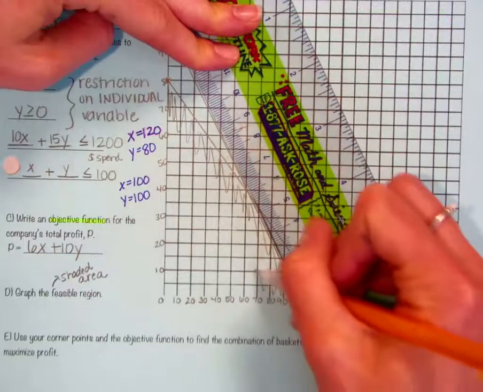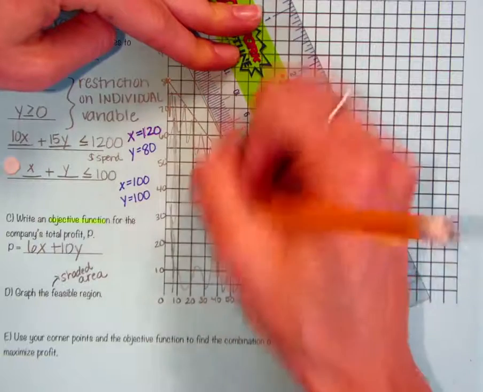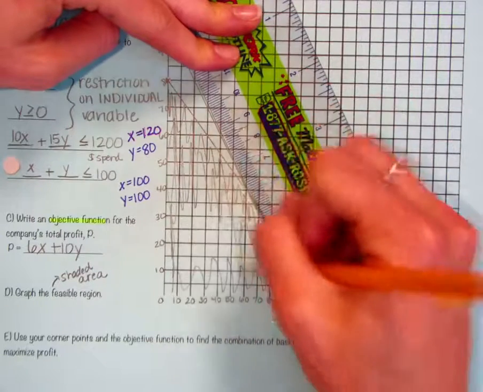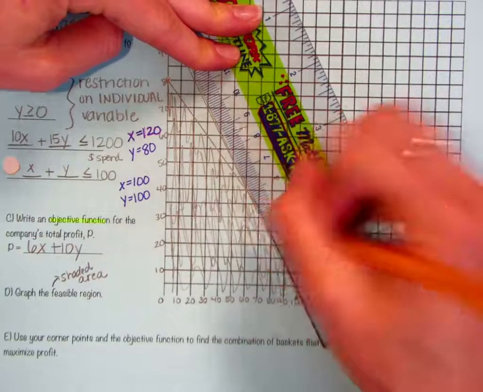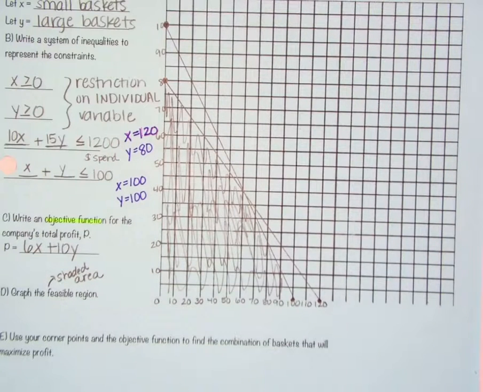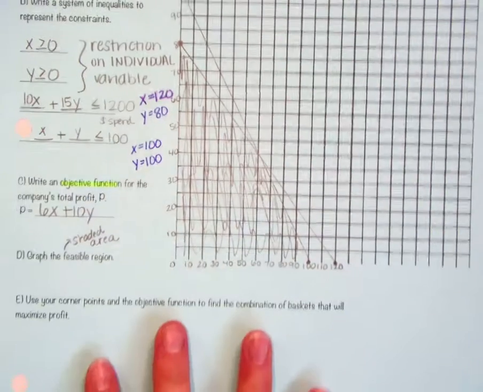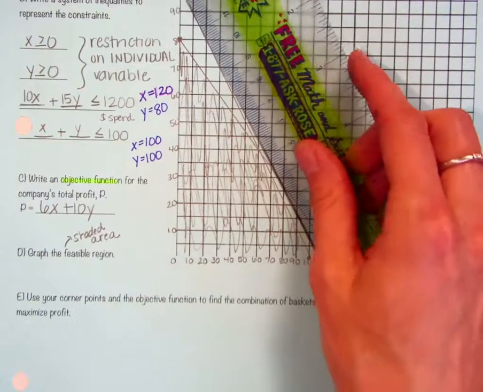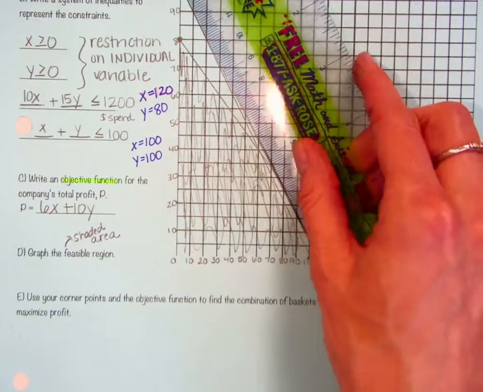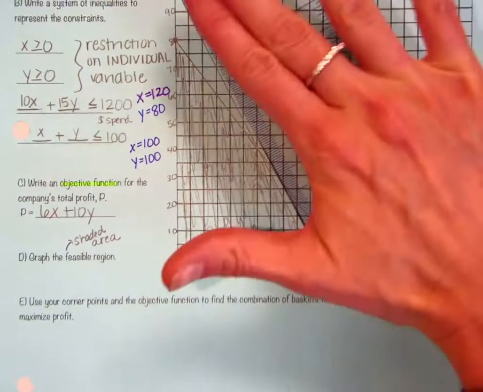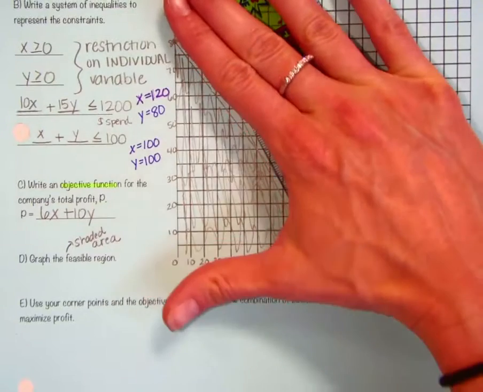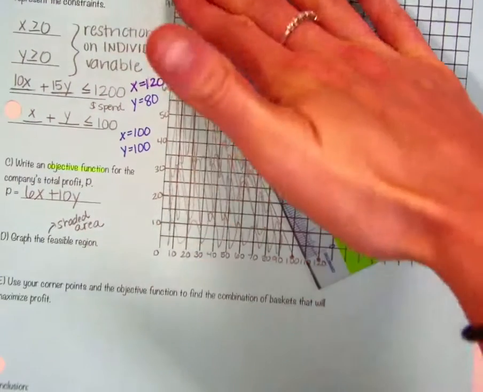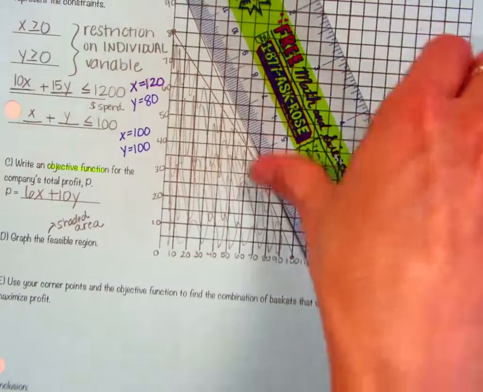So that's going to make this little area my shaded region. I'm below both of these lines, so if you need to get in the post-its, I've got post-its still in the back. I just used my ruler to cover up one, and then my hand to cover up the other. But I'm less than both of these lines, so that little area is going to be the feasible region.